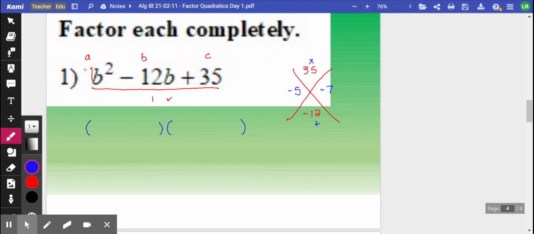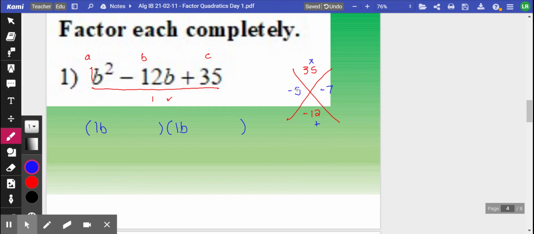Okay, you're going to write this part, but you are going to remove the exponent. So I'm going to write 1b and 1b. Now, why are we removing the exponent? If we think about multiplication, these two things are going to get multiplied together later, and b times b is b squared. Okay, so that's kind of why it's being broken up.